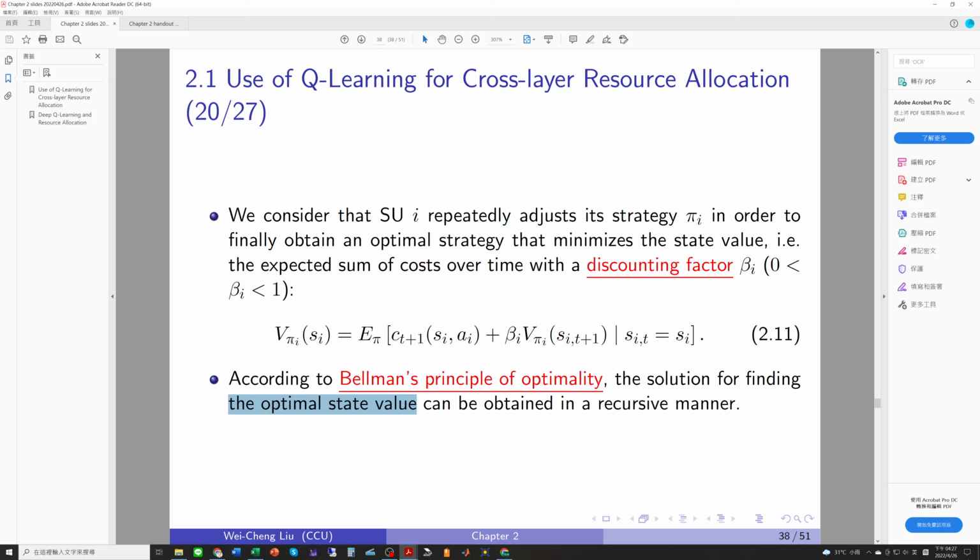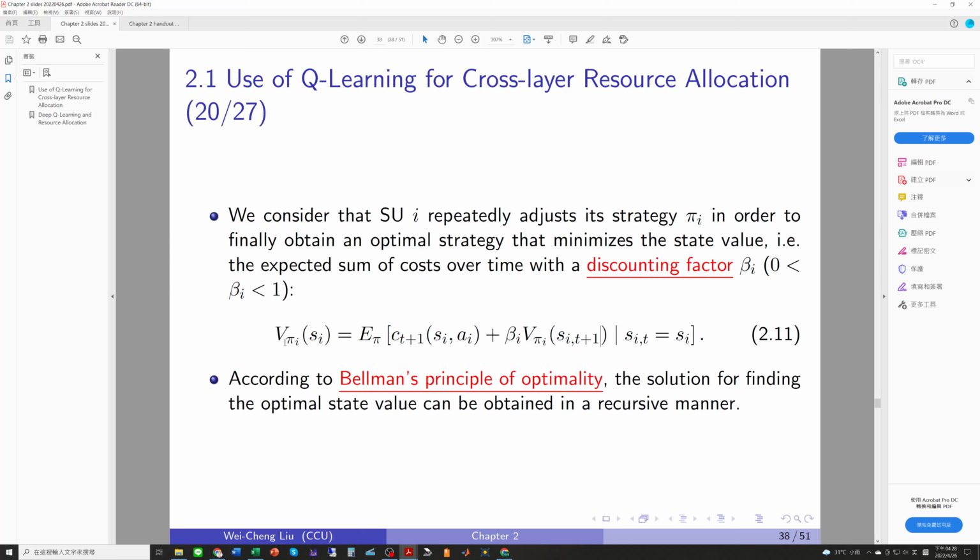Where pi i is the strategy of secondary user i, Si is the state of secondary user i, and Si at t plus 1 is the state of secondary user i at time t plus 1.